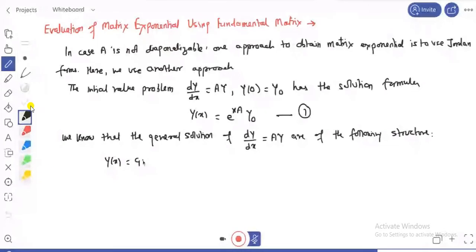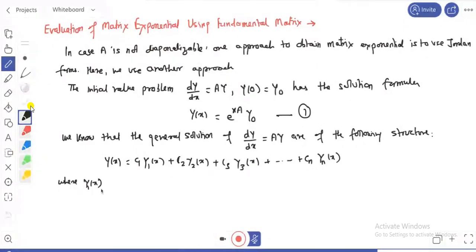Basically, this is the linear combination c1 y1(x) plus c2 y2(x) plus c3 y3(x) and so on up to cn yn(x), where y1, y2 up to yn are n linearly independent particular solutions.